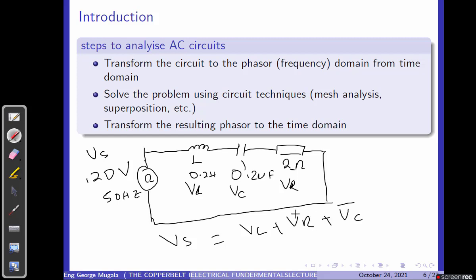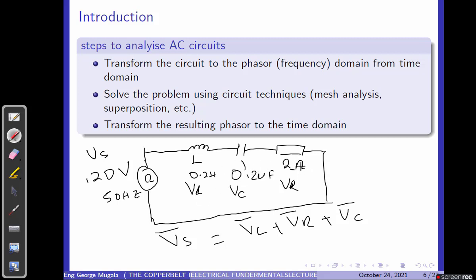Now, these should be in the form of vectors. Why am I saying this should be in the form of a vector? Because if you look at DC circuits, that's what we've been talking about.